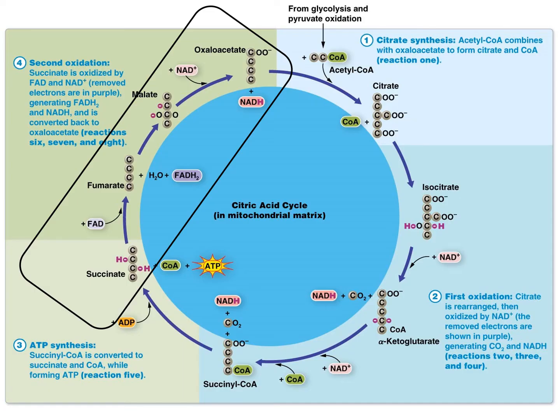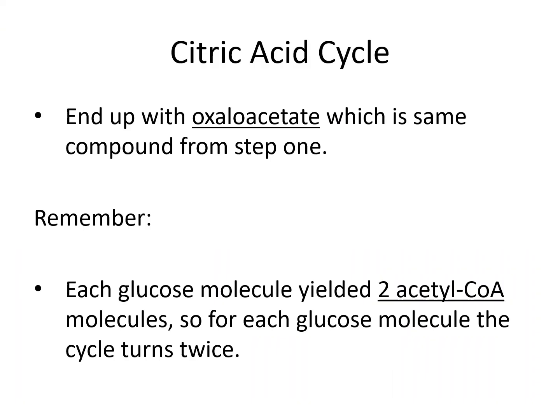So now we have 1, 2, 3 molecules of NADH and a molecule of FADH2. But keep in mind that we started with 2 acetyl-CoA, so this reaction is actually going around twice. And so we end up with oxaloacetate again, which is the same compound from step 1.